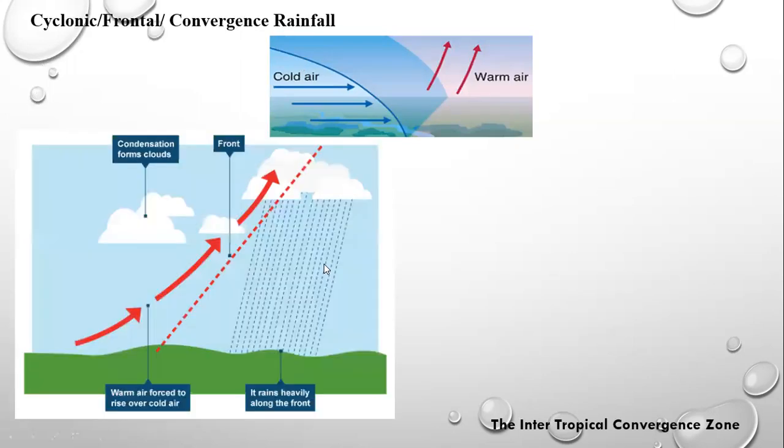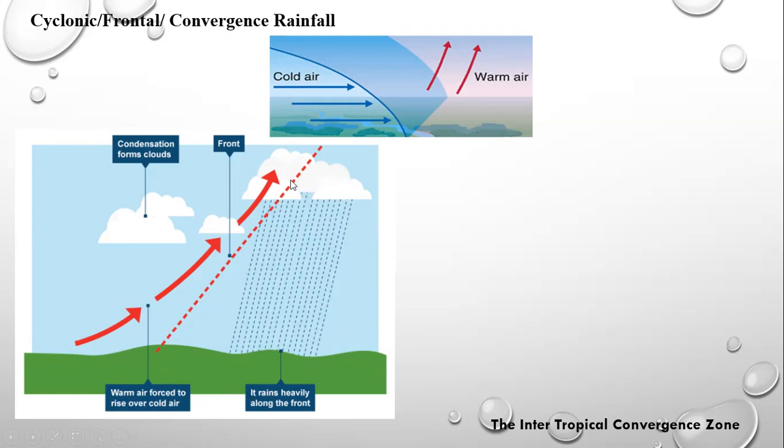Now, if you look at this depiction here, you have warm air forced to rise over cold air. Why does warm air rise over cold air? Because warm air is lighter than cold air.